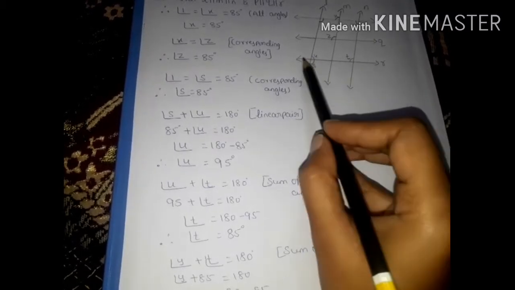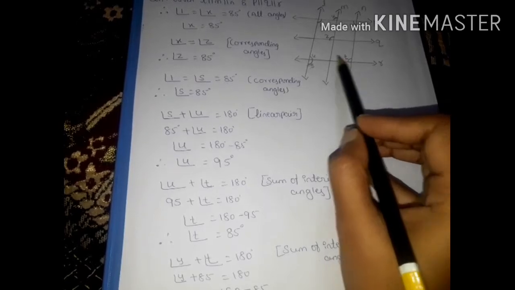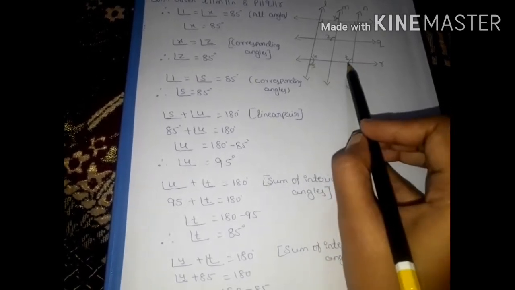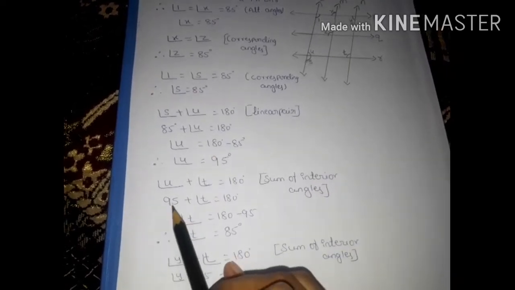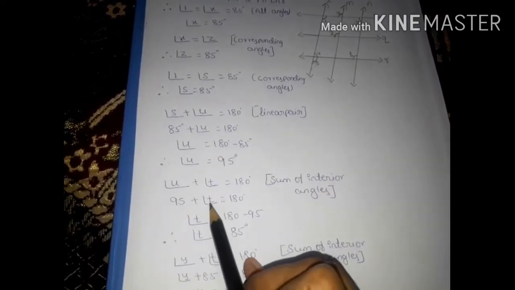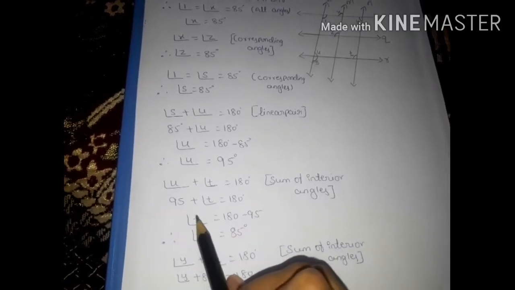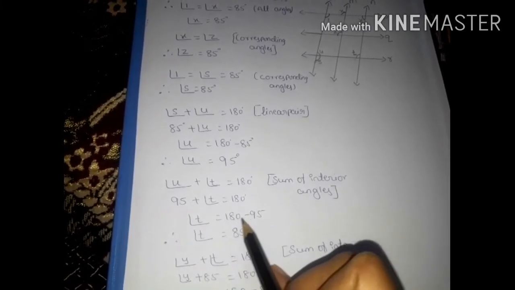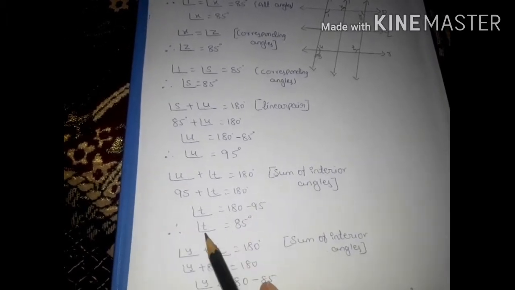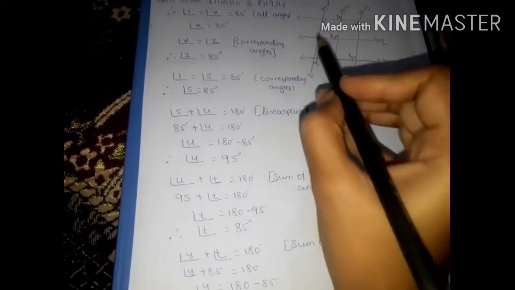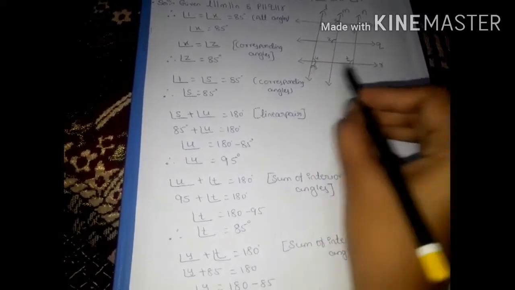The sum of interior angles on the same side is always 180 degrees. Angle U we already got as 95 degrees, plus angle T equals 180 degrees. Then angle T is 180 minus 95, which is 85 degrees, because angle U and angle T are on the same side of the transversal.